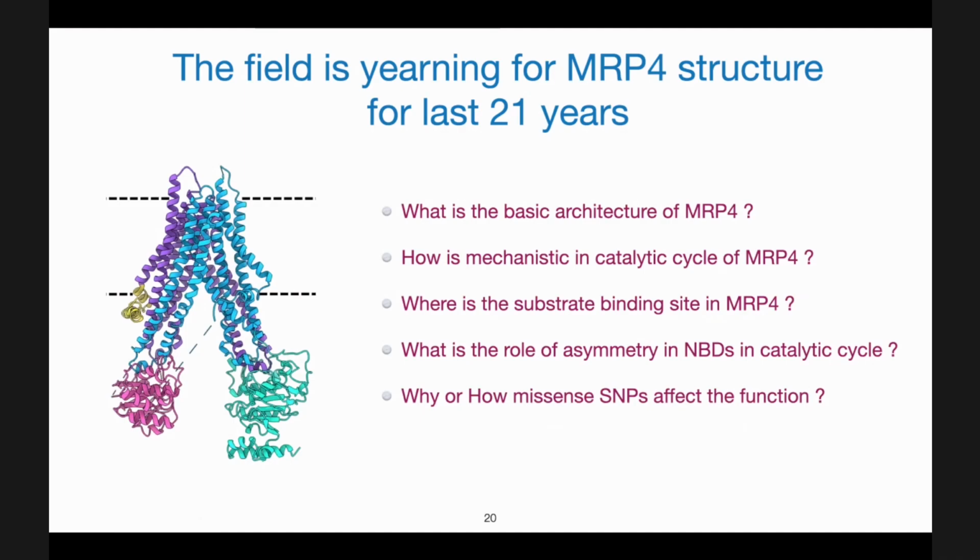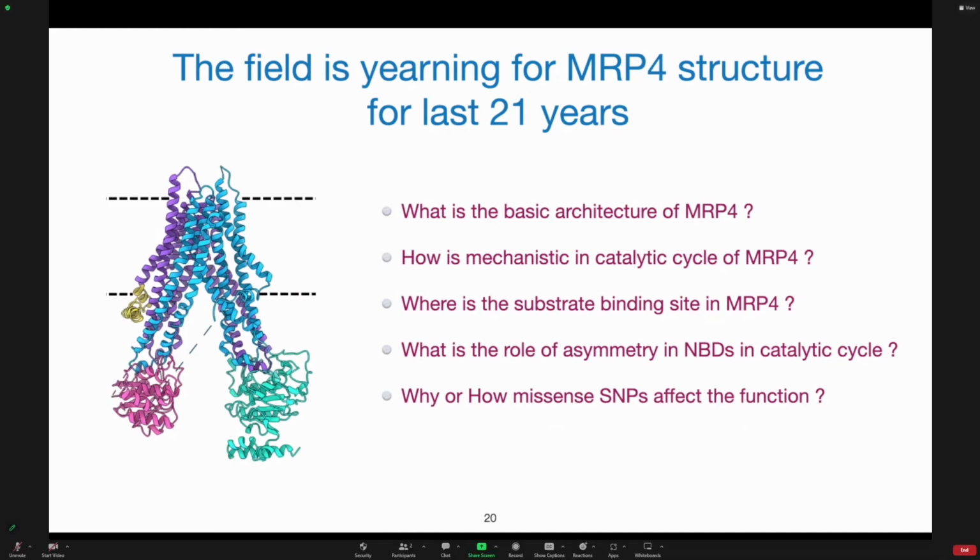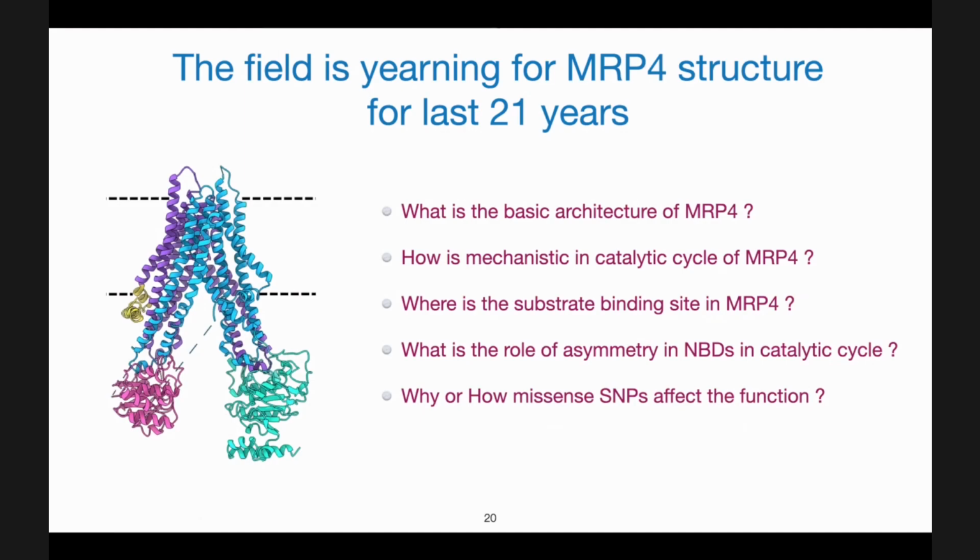Here there are basic questions: what is the basic architecture of MRP4, what is the catalytic cycle of MRP4, where is the substrate binding site, what is the role of asymmetry in the NBDs in the catalytic cycle, and why and how missense SNPs can affect the function. These were the questions we wanted to learn about. This is why we wanted to have a biochemical prep of MRP4 and to go for the structure.